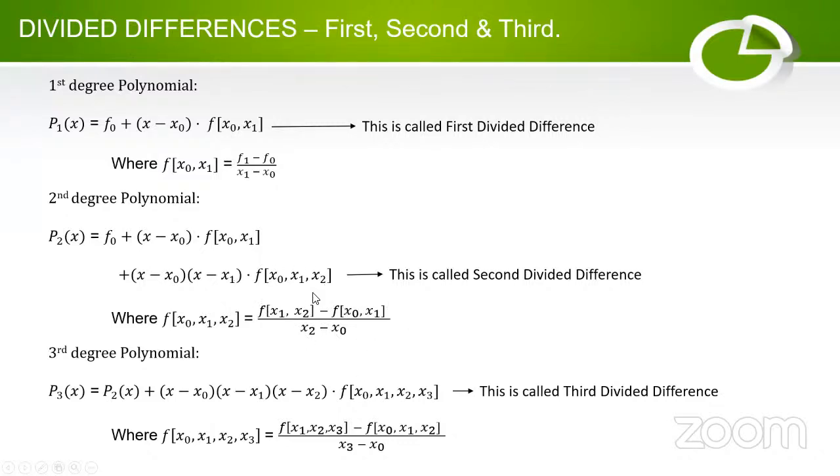But what we just need to remember is, once we are in any degree, if we are in degree 1, our data points are 2. If we're in degree 2, our data points are 3. And our data points always start at x0. So for 2 data points, x0, x1, for 3, x0, x1, x2, and so on and so forth.